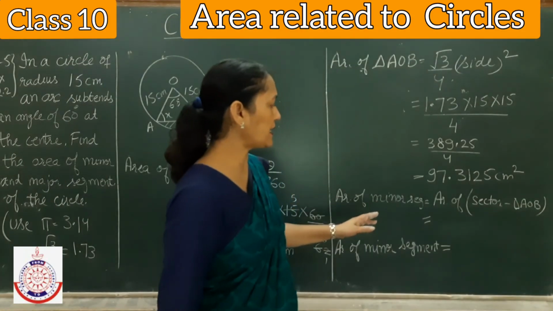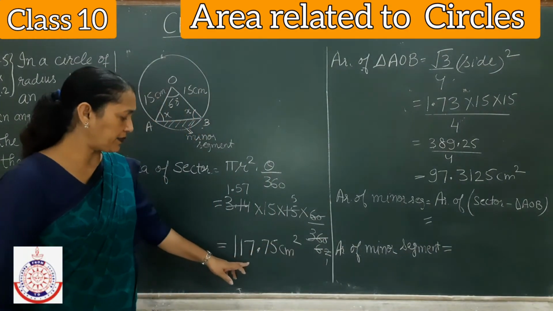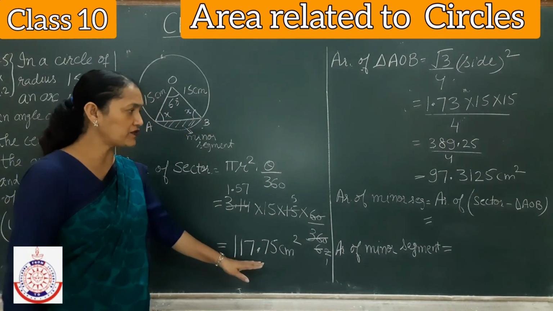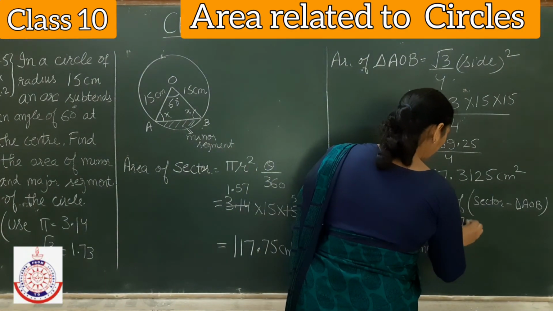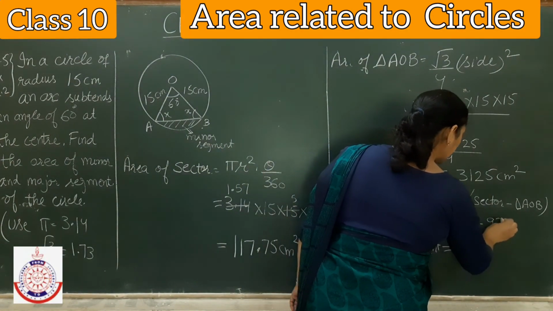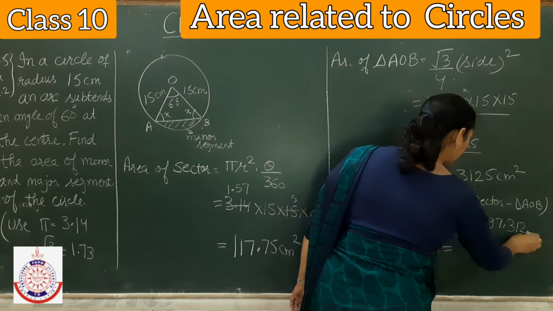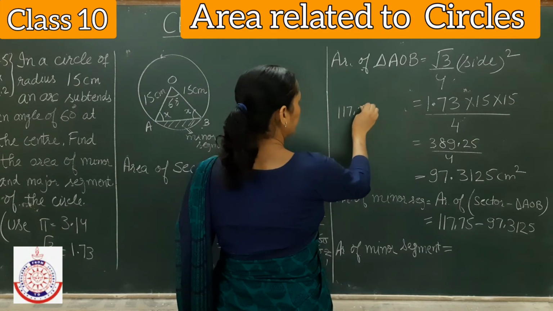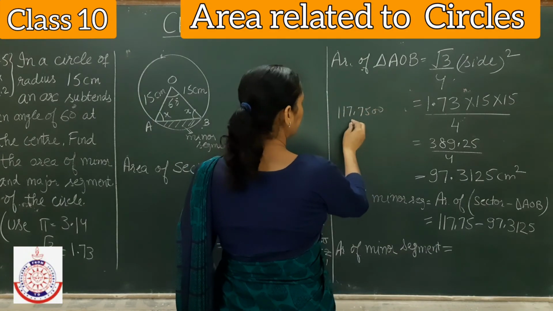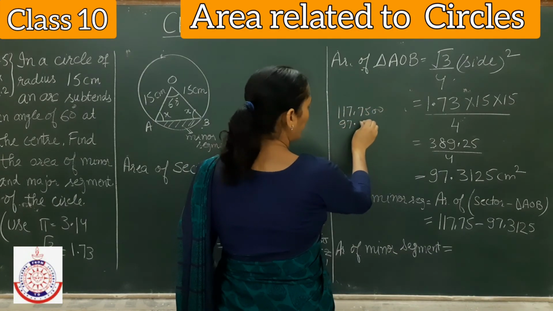Now for minor segment, we have to subtract from area of sector the triangle. So 117.75 minus 97.3125. We'll be getting 20 point something.